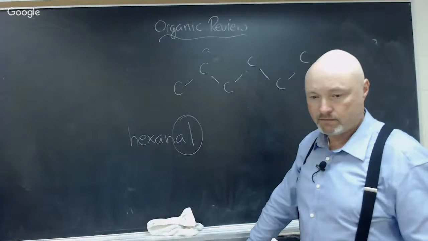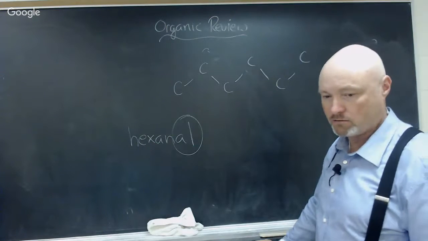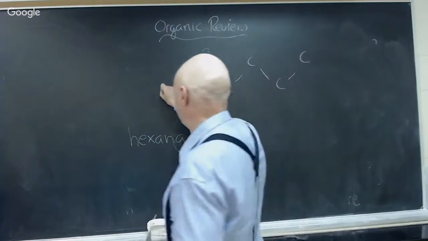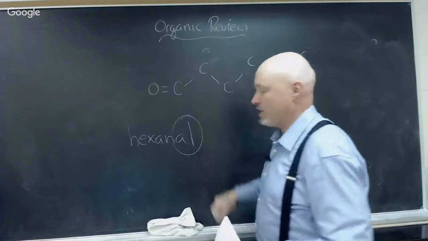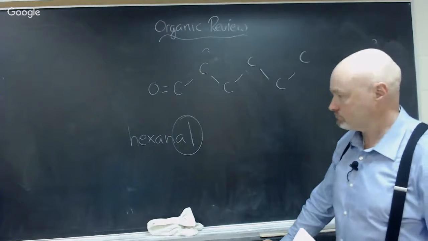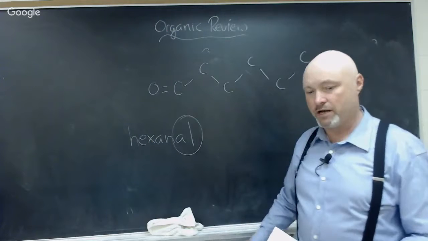Is that a double oxygen bond? Yes. Where is it in the molecule? Shouldn't it be the first carbon? Sure. Yep. It's an aldehyde. So aldehydes are always on the first carbon, right? The terminal carbon, you said? They're on the terminal carbon. Yeah, that's right. Okay. Yep.